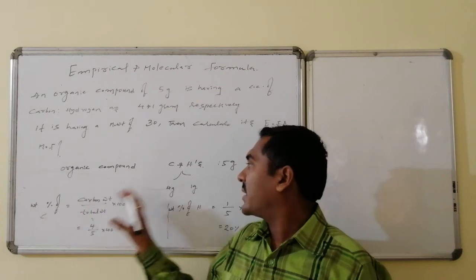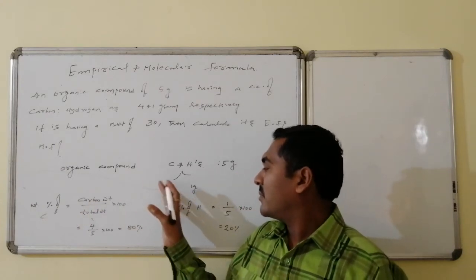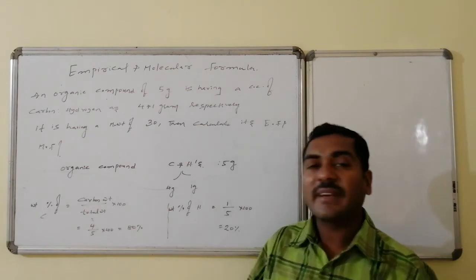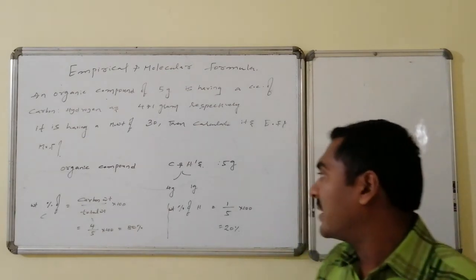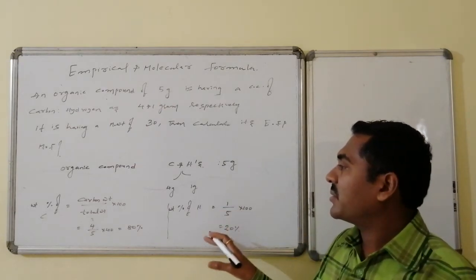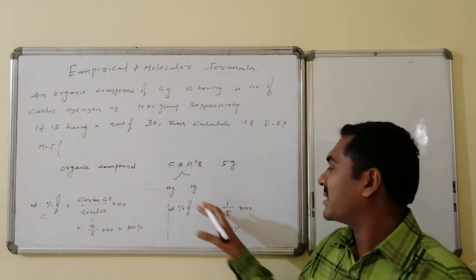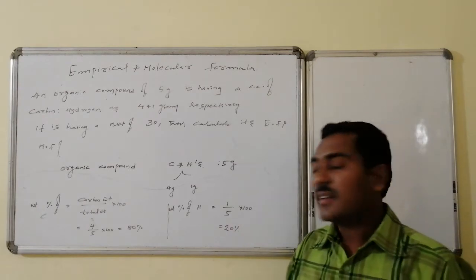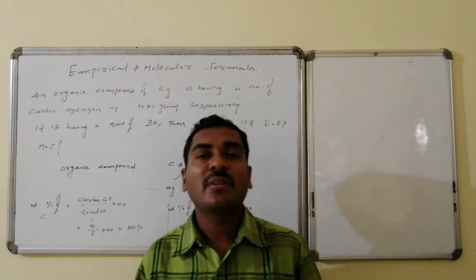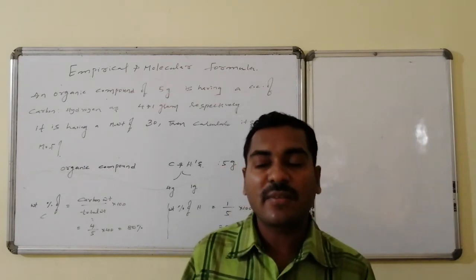Total weight of carbon is 4 grams, whereas the total weight of components is 4 plus 1, 5, into 100, which becomes equal to 80%. Similarly, the weight percentage of hydrogen is equal to the weight of hydrogen by the total weight of components, that is 4 plus 1, 5, 1 by 5 into 100, which becomes equal to 20%. From this, now we will derive the empirical as well as the molecular formulas.